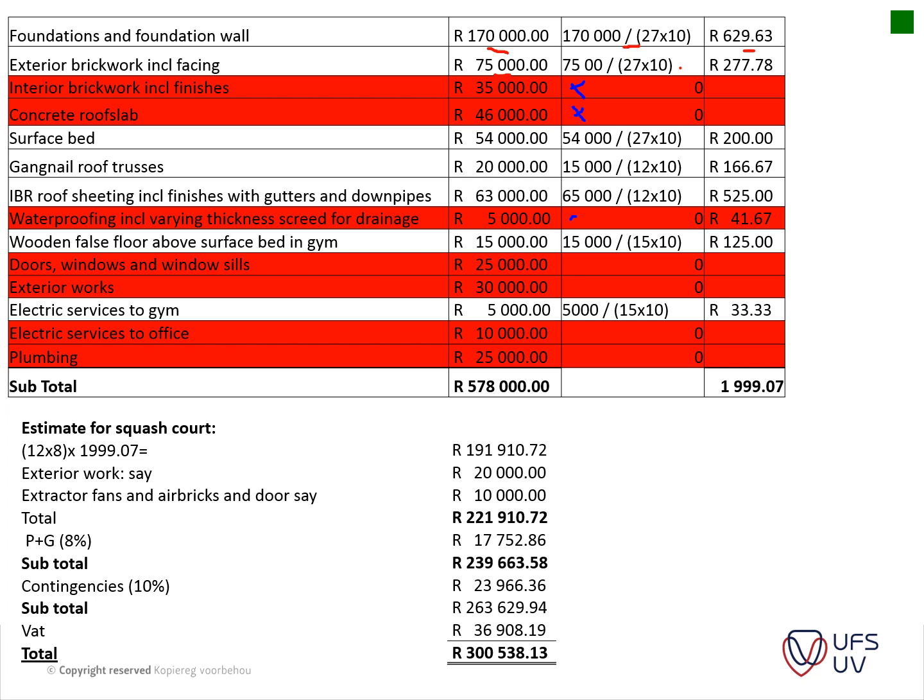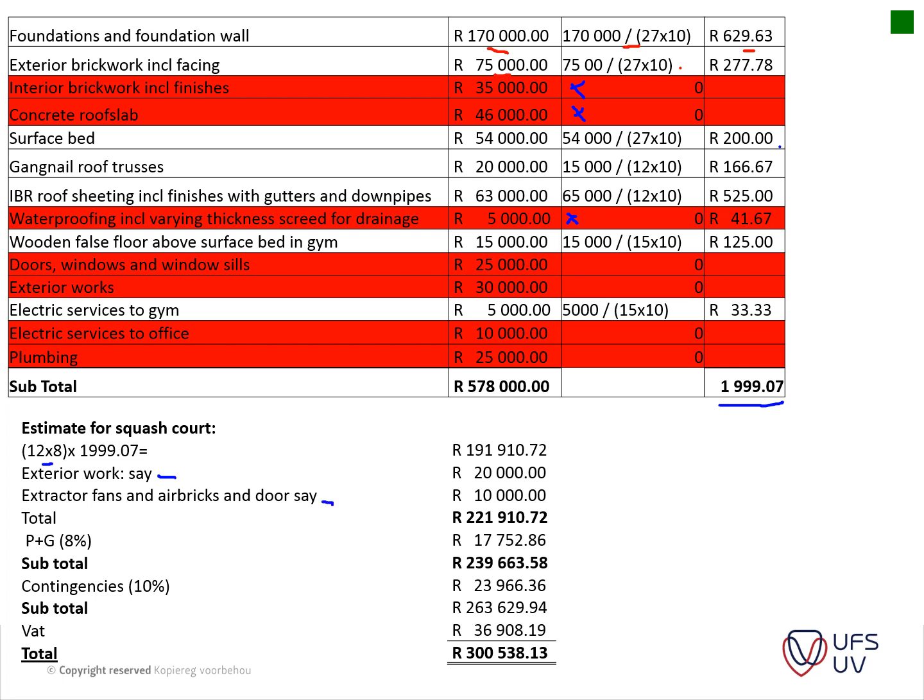Your waterproofing was also not included. And then what you do is you take all of these items, the rand per square meter, and you estimate what your new rate per square meter would be. You times it with your new building's area. Then you add your exterior work, and then you add some special items.